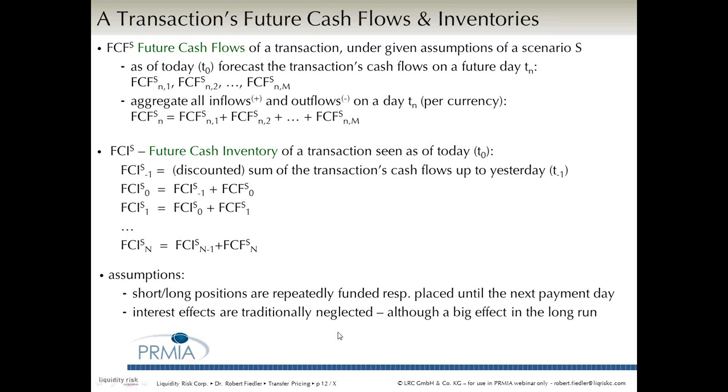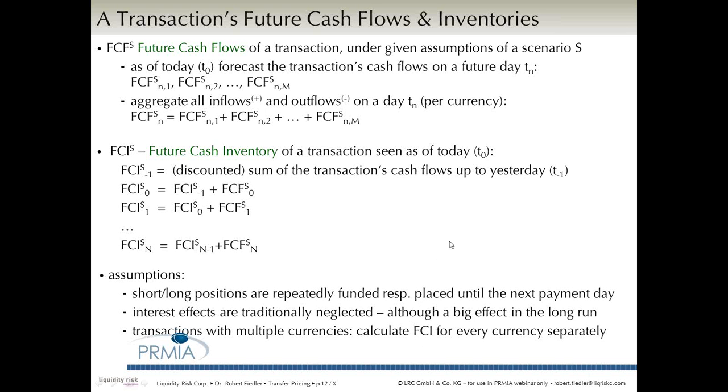Okay, we traditionally neglect the interest rate effects, although there could be a big effect in the long run, and we have to be aware that we cannot do transactions with multiple currencies, so we have to calculate these forward cash inventories for every currency separately.